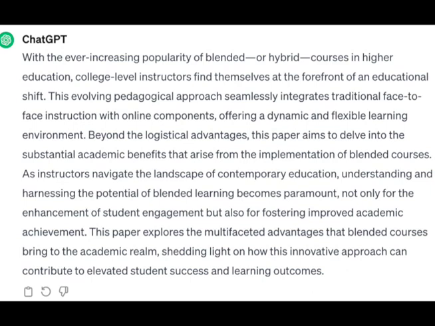So hopefully we will find out what they are and if there are any facts that can back this up. As instructors navigate the landscape of contemporary education, understanding and harnessing the potential of blended learning becomes paramount, not only for the enhancement of student engagement, but also for fostering improved academic achievement.